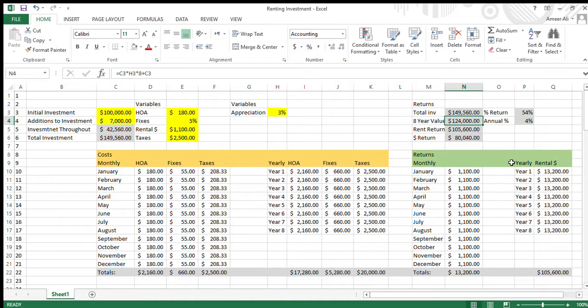So let's say the house is now worth $124,000 at year 8, and the rental return is $105,000 over those 8 years. So your dollar return, if you take the value of the house at 8 years plus the return on the rent, minus the total invested, in this instance is about $80,000. That's a 54% return, or an annual return of 4%.